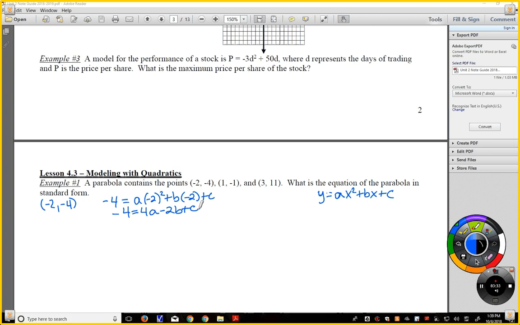So I'm going to do the same idea with the other 2 points to develop other equations or other relationships between a, b, and c. For the point with x equal to 1, the equation would say a times 1 squared plus b times 1 plus c, so a plus b plus c.